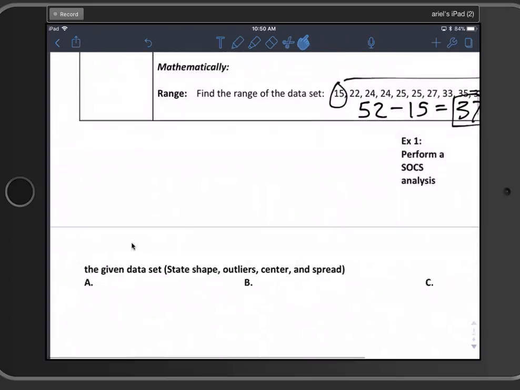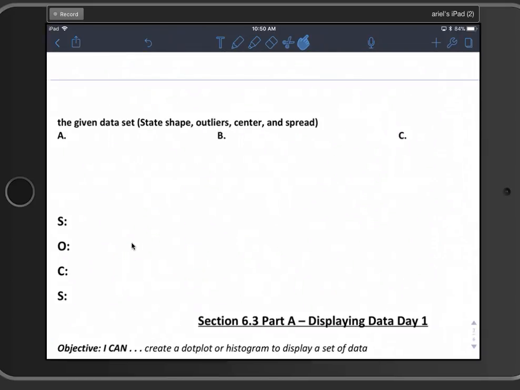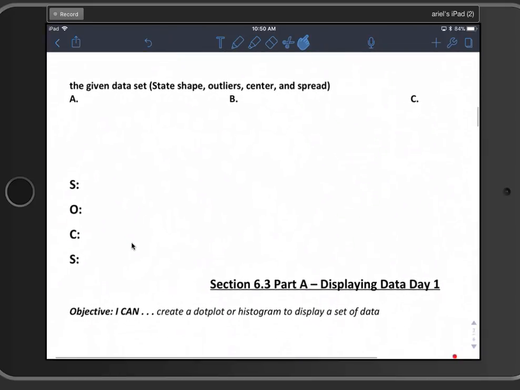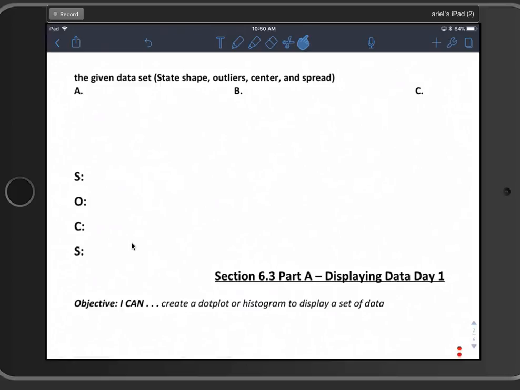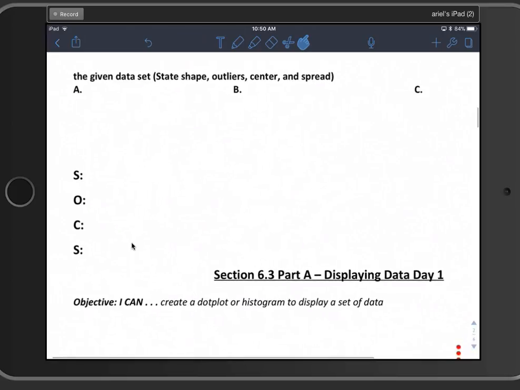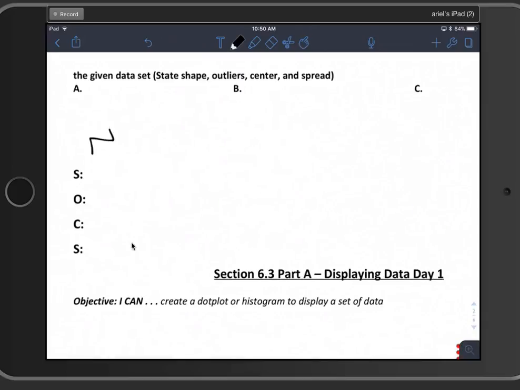All right, and then it asks us, and it's not going to look like this on the test. On the test, it'll have a picture of a graph for you.